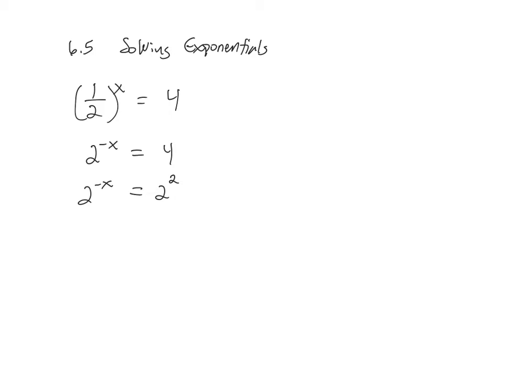So now these 2's are the same. Those are the bases. So then I can just write negative x equals 2. And then that really means I'm going to divide by negative 1. And so if I were to plug in negative 2, the problem would work.